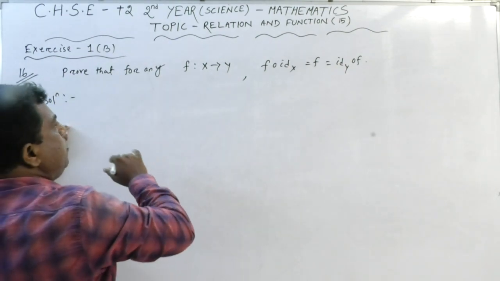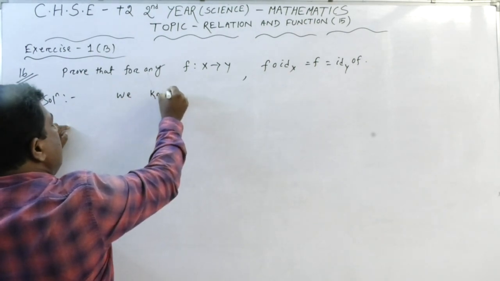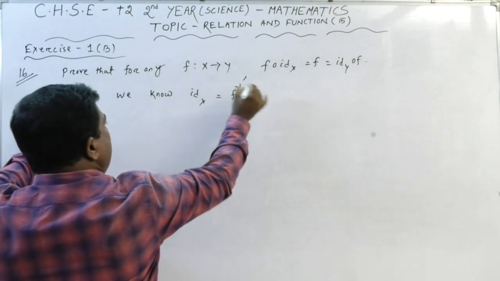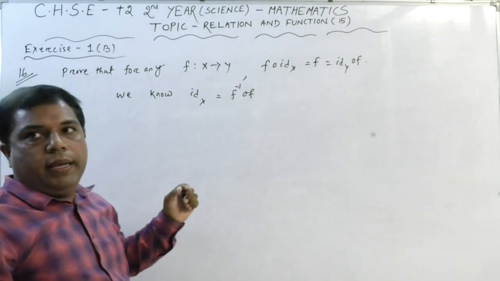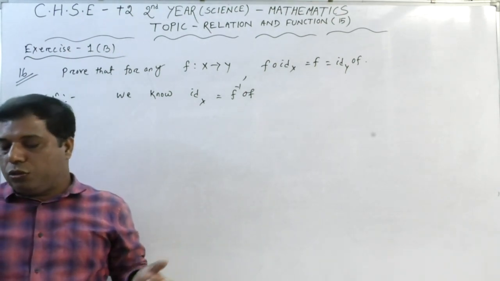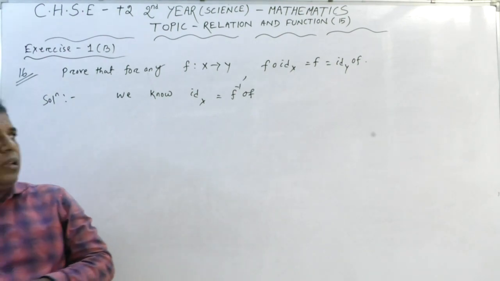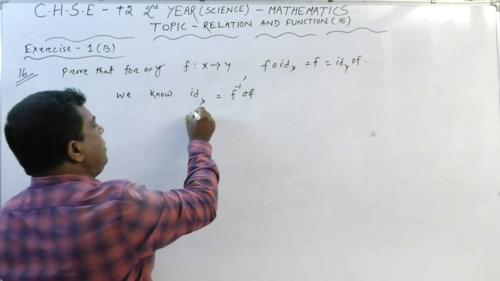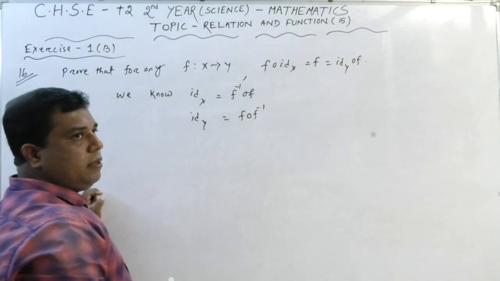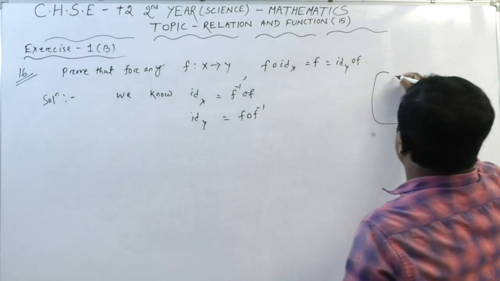From our previous one also we know identity on x can be written as f inverse operated on f. That is also shown in our previous one. And identity on y equal to f operated on f inverse. That can be shown also. We can again show it here.